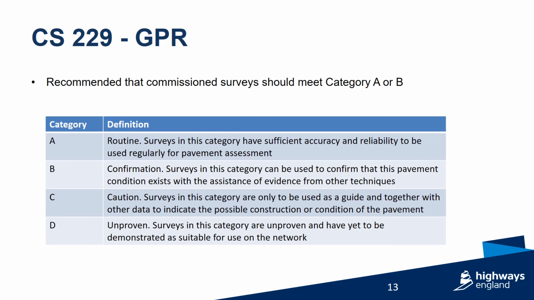It is recommended that surveys should only be commissioned in Category A and B. Surveys in Category C should only be used with caution, as a guide, and used with other data. Surveys in Category D are unproven techniques not yet demonstrating as suitable for pavement investigation.